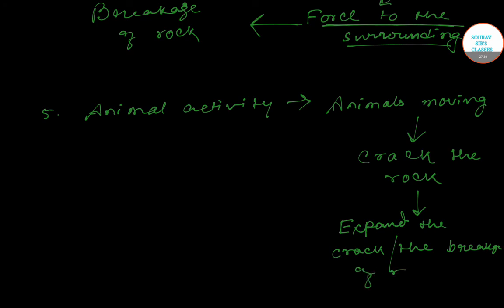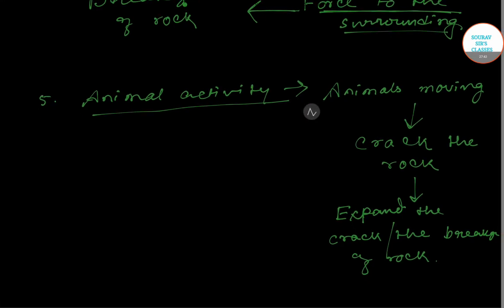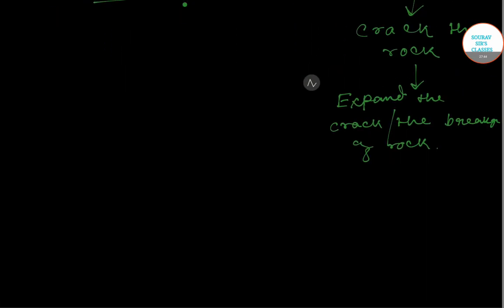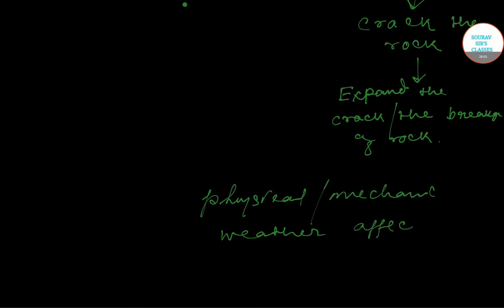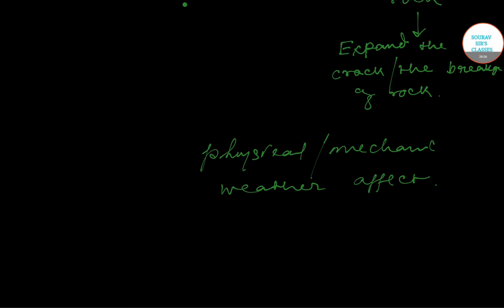So these were the 5 points of how physical or mechanical weathering can occur, or rather, these are the causes of physical or mechanical weathering.